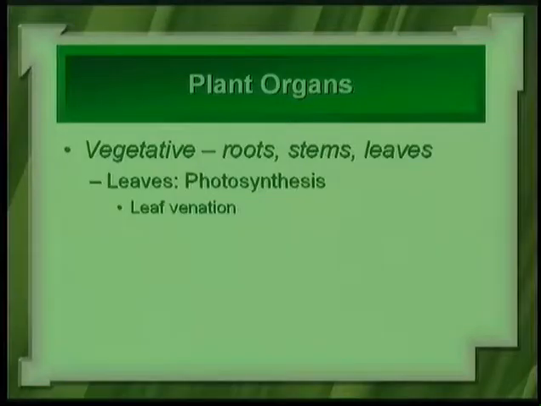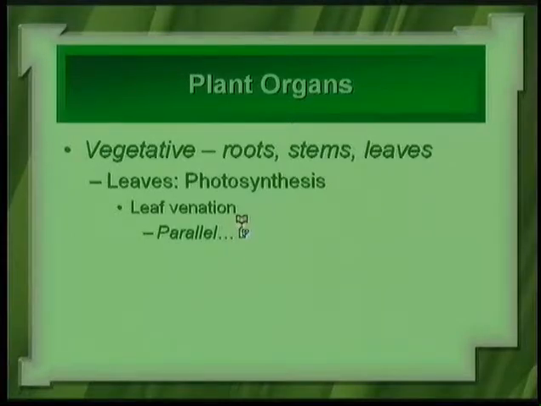Okie doke, let's see. Next, we also have different kinds of leaf venation in plants. Generally you have parallel leaf venation, and you would generally see parallel leaf venation in what kind of plant? Think about it. Think about what kind of leaf venation you would see in what kind of plant, because you should have come across this in your reading.